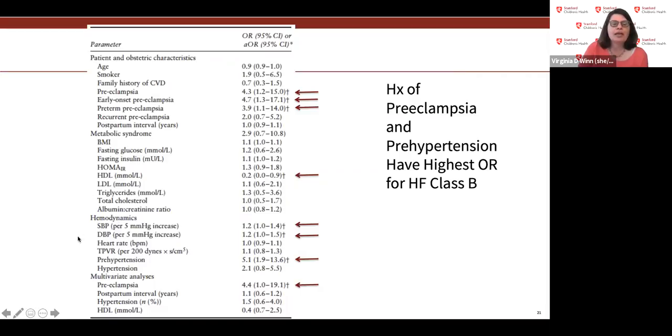And so I think we're learning more and more that preeclampsia really is giving us insight into women who are at risk, and that can be picked up earlier in pregnancy.